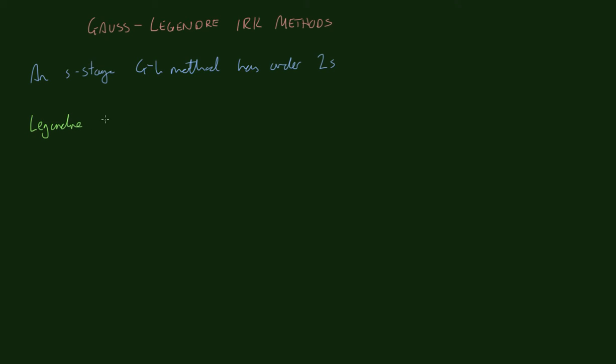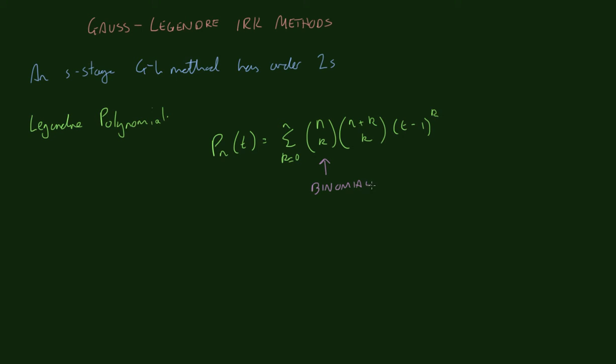Legendre polynomials are the solutions to the Legendre differential equation, and these can be written as P_n(t) equals the summation from k equals 0 to n of (n choose k)(n plus k choose k)(t minus 1)^k. So this is an nth order Legendre polynomial. One thing I should stress here is that this is a binomial coefficient. It looks like a vector in the notation, but it's actually a binomial coefficient.